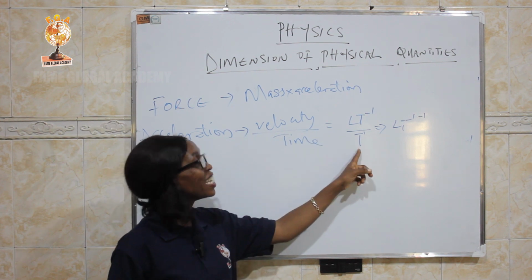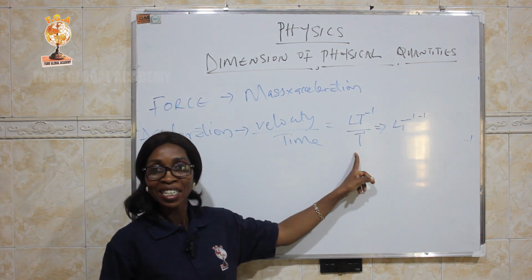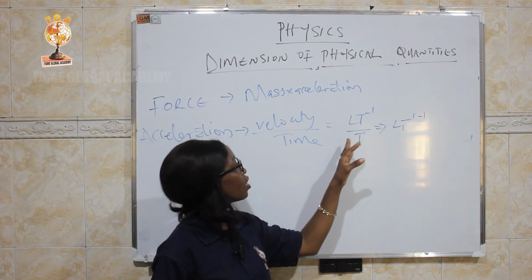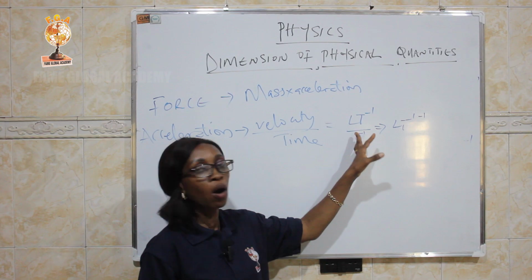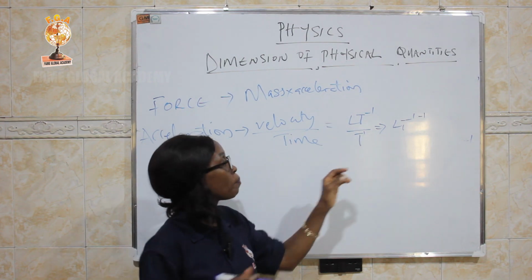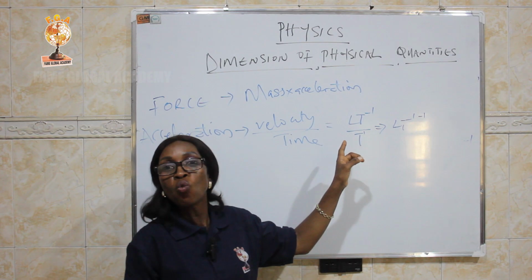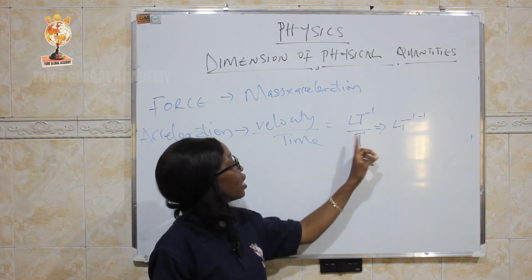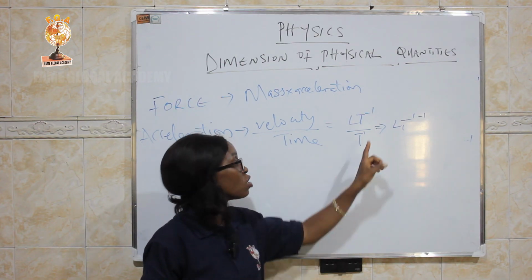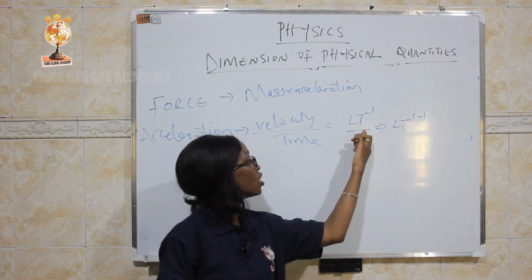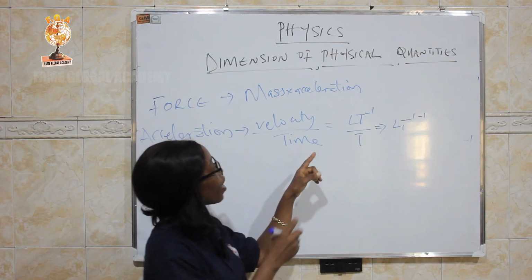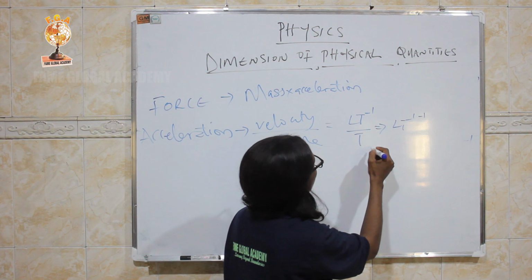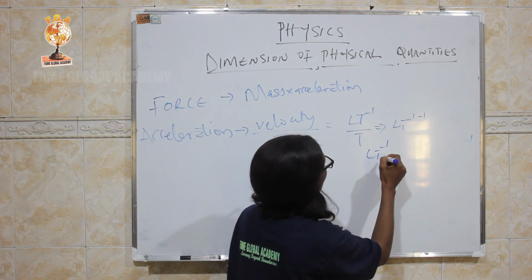Time is T. And mathematically, if I put 1 here, you just know that T is raised to power 1. It's just there, but if I put it, it doesn't look well. Once you see a letter on its own, it's representing 1.